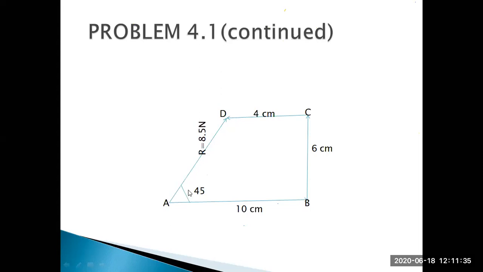With the help of the protractor, you can also measure the angle by putting the protractor at point A, and you will find the angle of AD. This angle would be 45 degrees. And the result will be 8.5 Newton. This is the required result. Next.